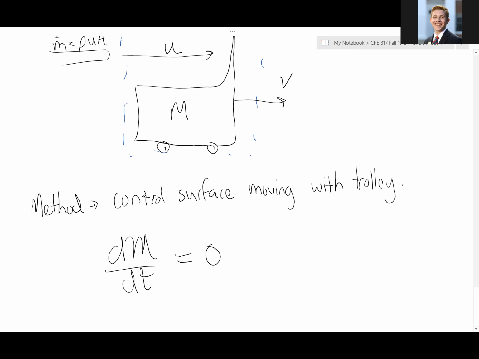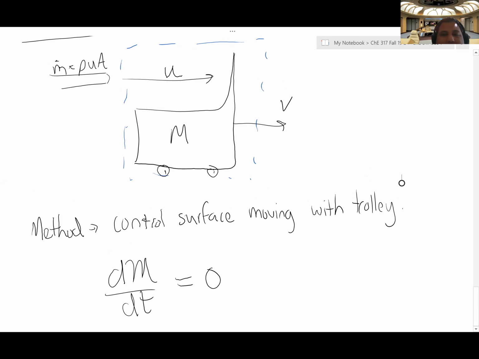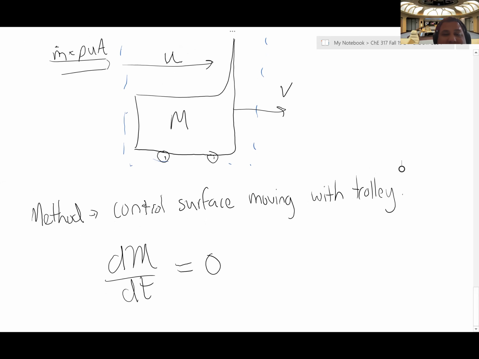If it's moving at a constant velocity, it would be zero, wouldn't it? Now, I didn't say it was moving at a constant velocity. If it was, I would say it's zero. But I don't know if it's a constant velocity or not.